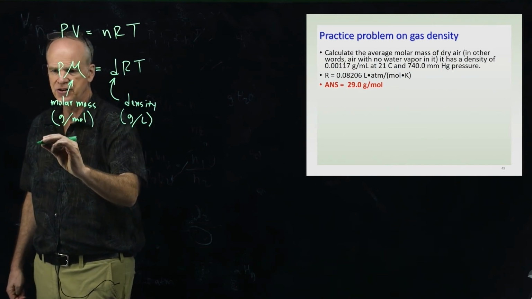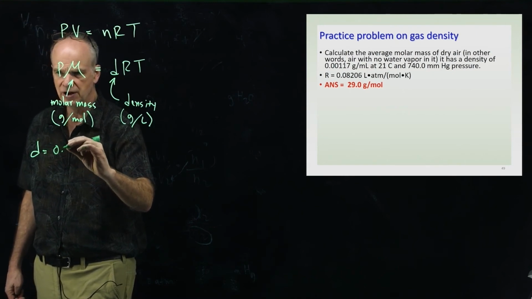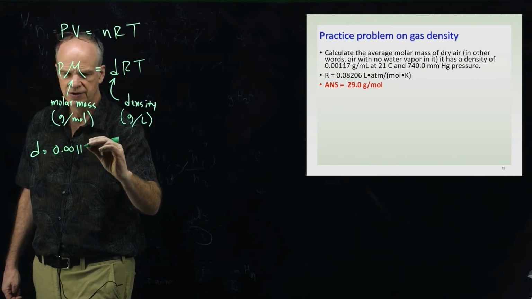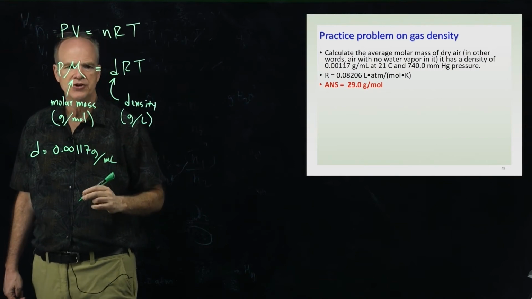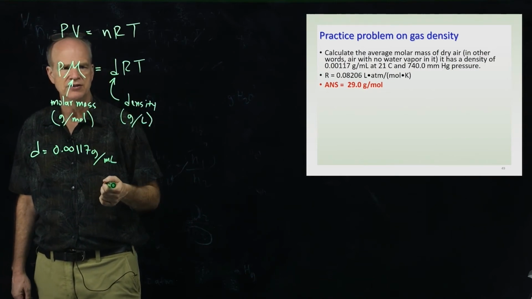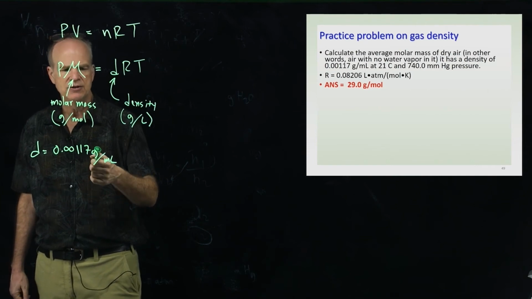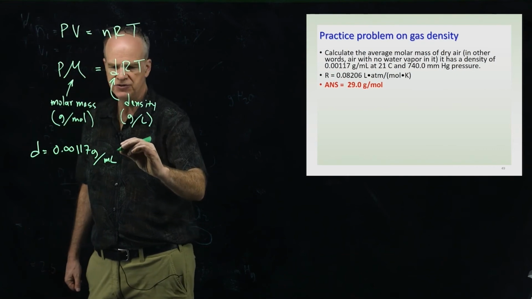So the density, we have a value for that, which is 0.00117 grams per mL. Okay, so remember when we use this equation that relates density of a gas to its molar mass, we have to take any density and get that into grams per liter. So we would have to convert this.